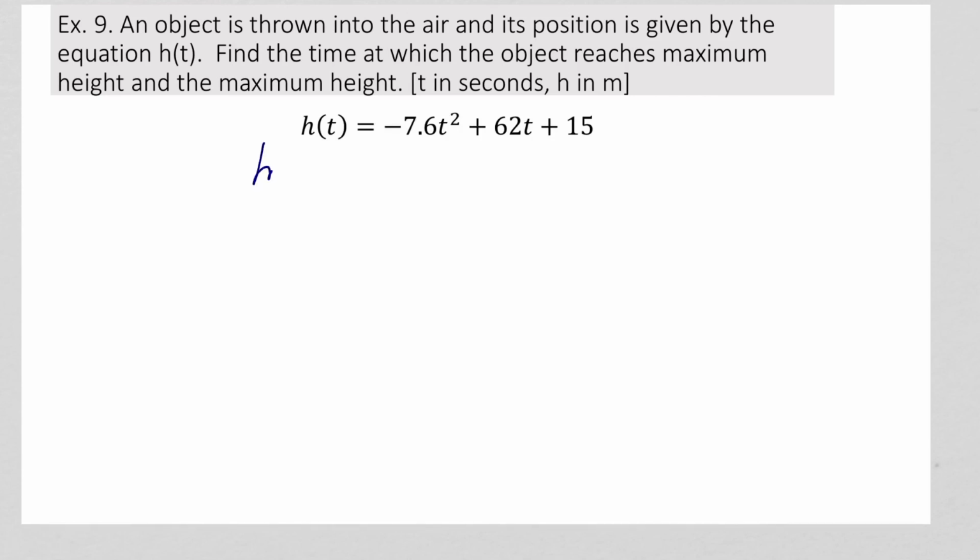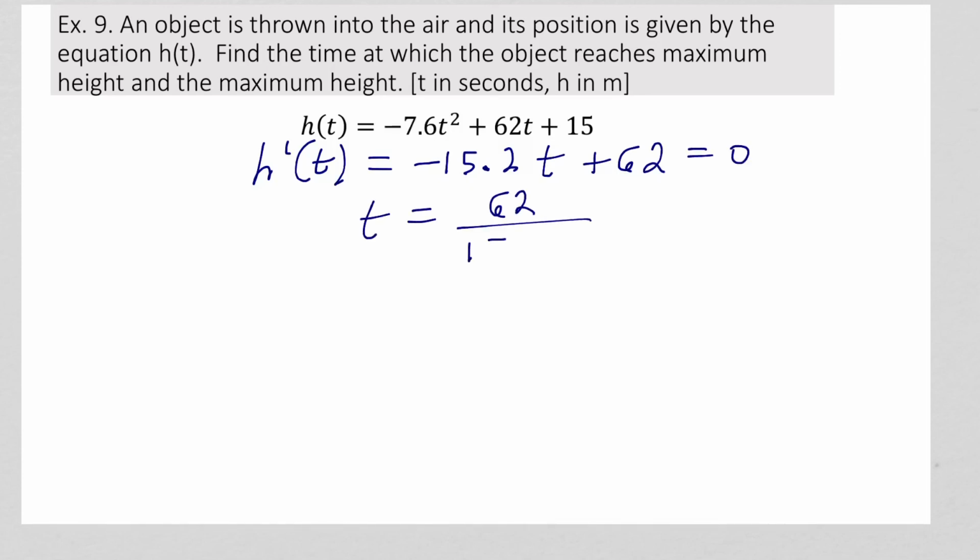So h prime of t, so 2 times negative 7.6 is negative 15.2 t, plus 62 is equal to 0. So t is equal to 62 divided by 15.2 seconds, 4.0789 seconds. So this is my critical value.